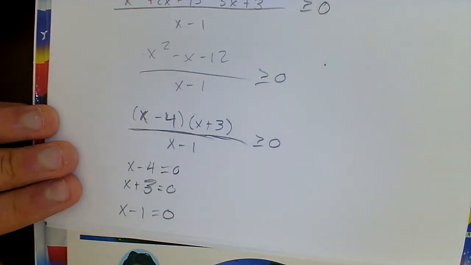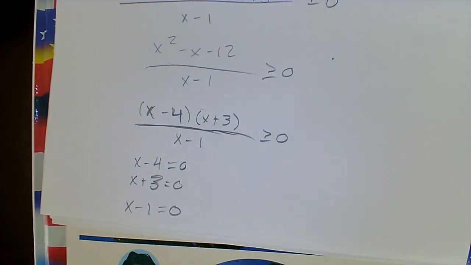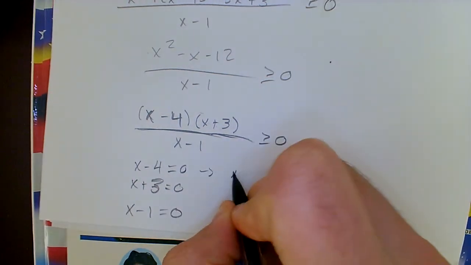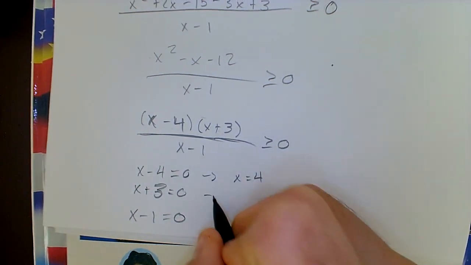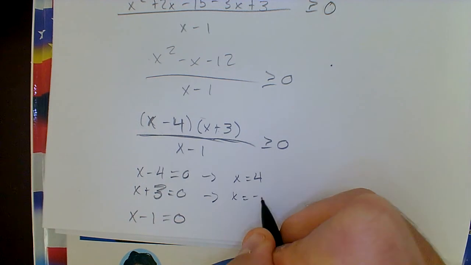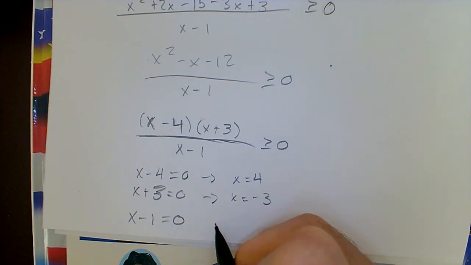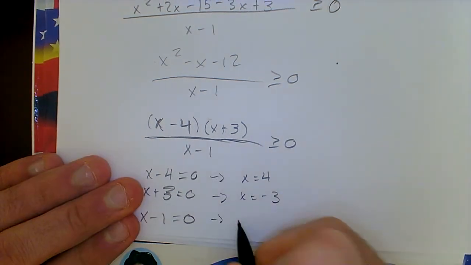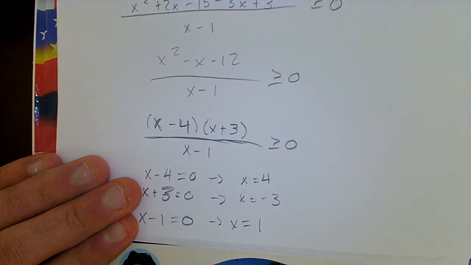Finally, setting the denominator equal to 0 is just as simple. Okay, so now we solve for all these. So x would be 4 on this one, x would be negative 3, and for this one, x is equal to 1.